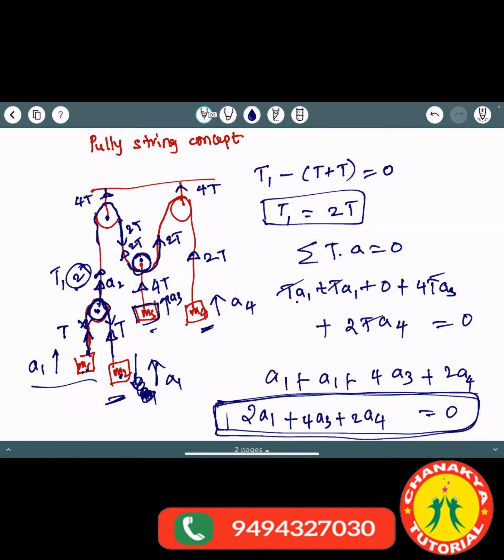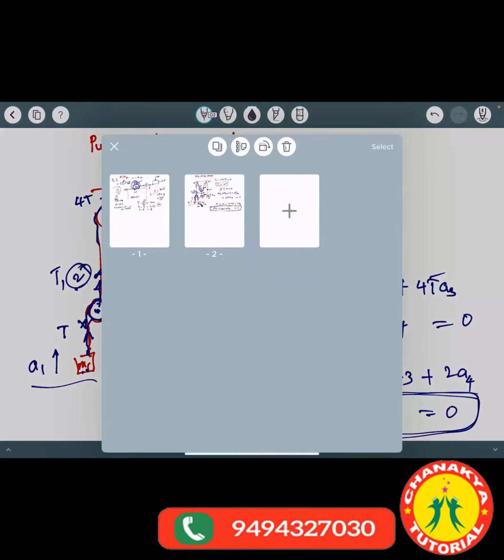Okay, let us do one JEE question. It's a good question. Let us say there is a diagram like this, and there is a string going like this.